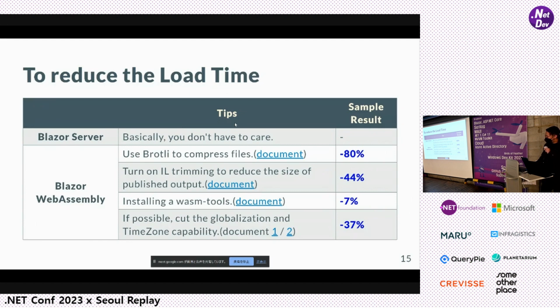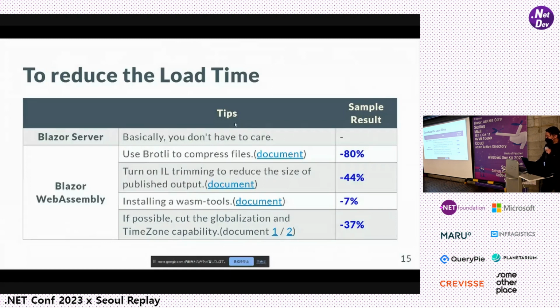One of the test results shows the reduced file size is around 80%. Second, turn the IL trimming function on. The function can remove unused source code from assemblies. Test results show a 44% file size decrease.